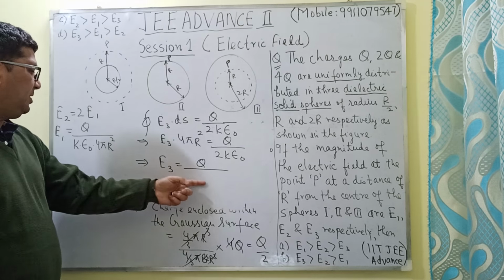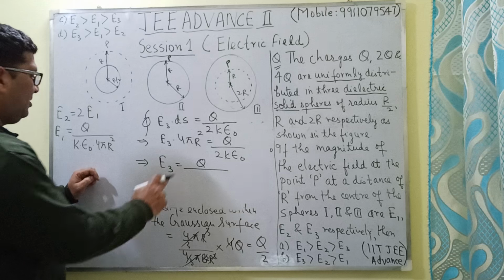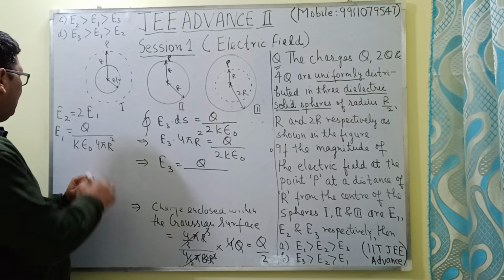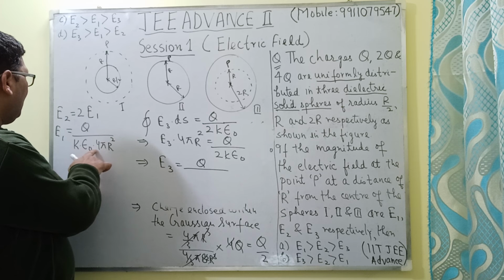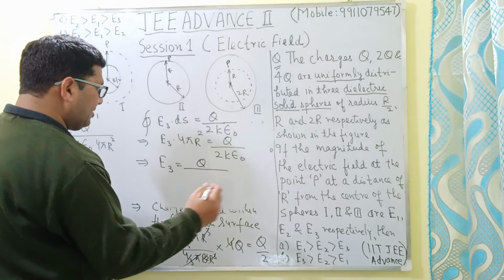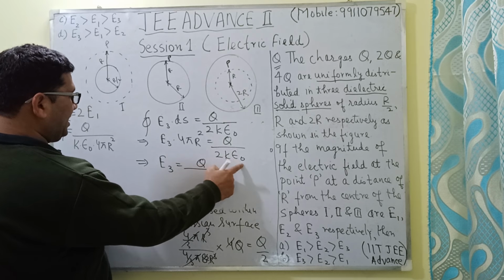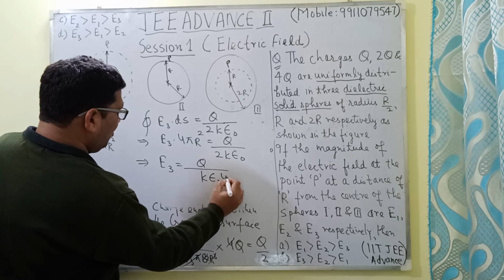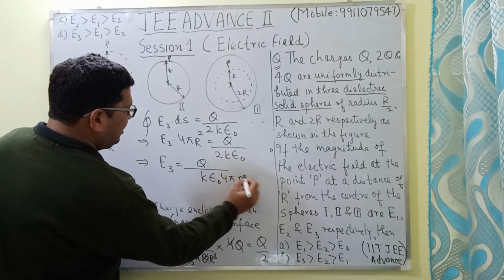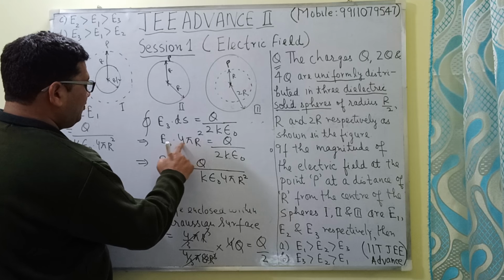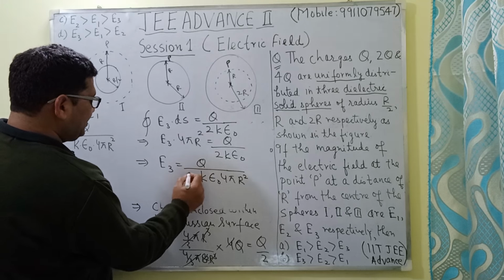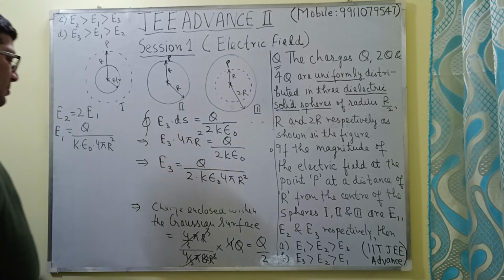What I will be doing is writing this equation in such a way that q divided by k epsilon naught 4 pi r square will be taken as one term. So q divided by k epsilon naught 4 pi r square, and this is into 1 by 2.